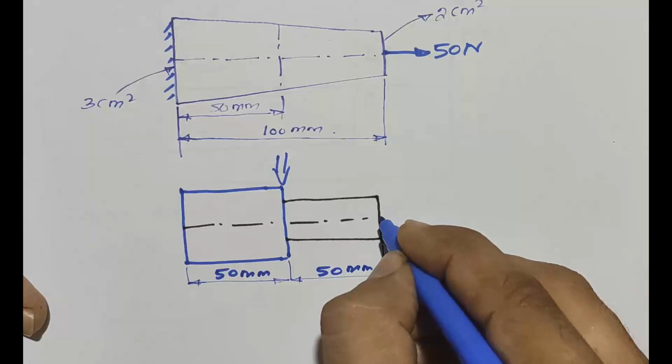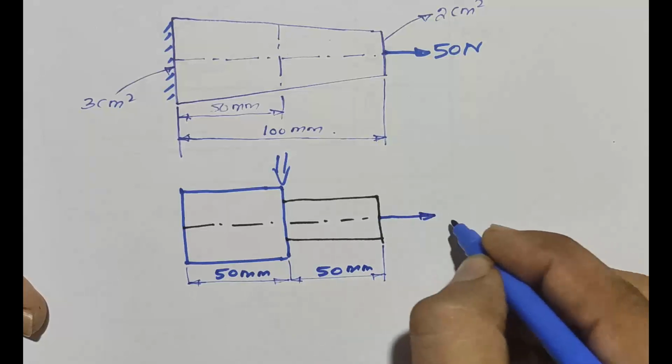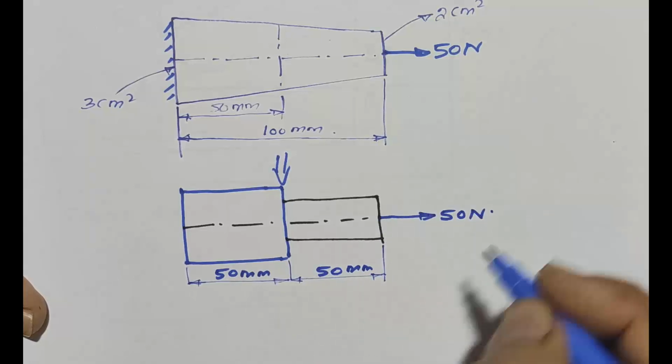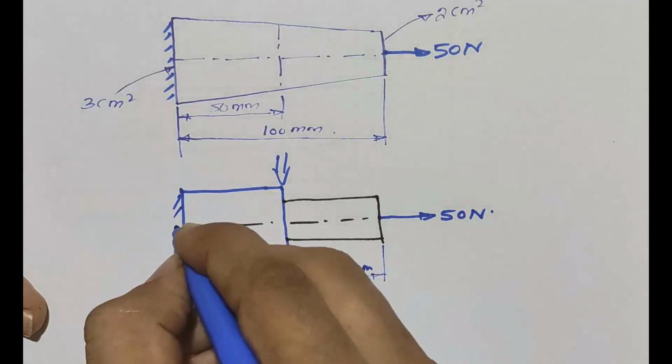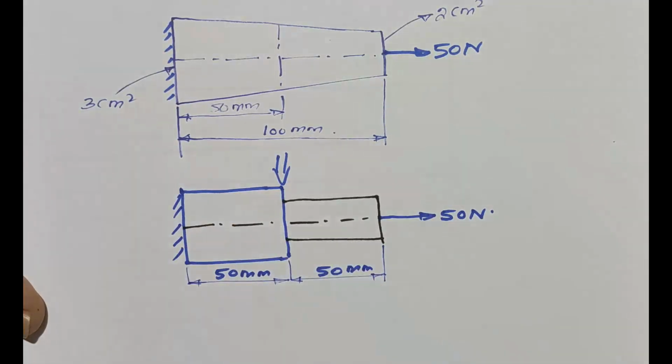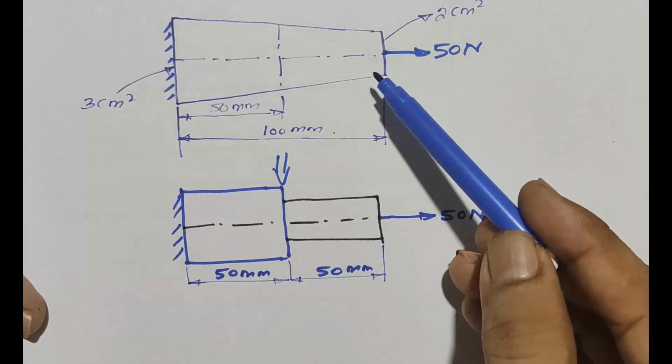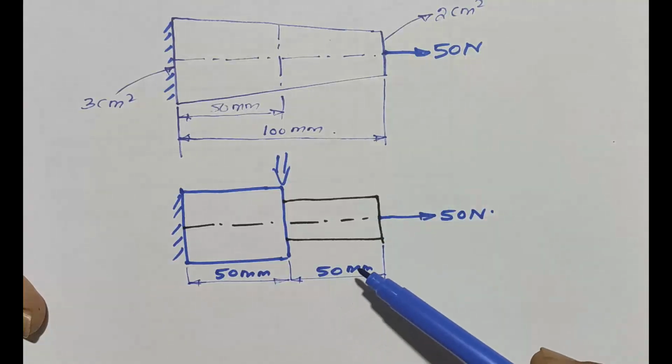Here the applied load is 50 Newton. This is the fixed end. So we have converted the tapered bar into stepped bar.